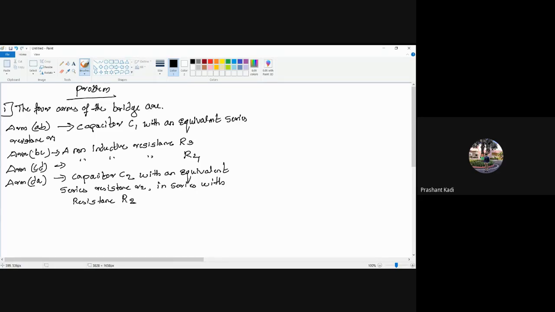Okay, so this is the information about all the four arms. Last arm DA is capacitor C2 in series with small r2 and in series with the capital R2, which means three elements connected in series in the arm DA.